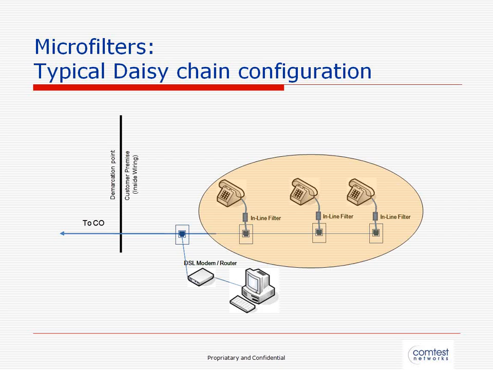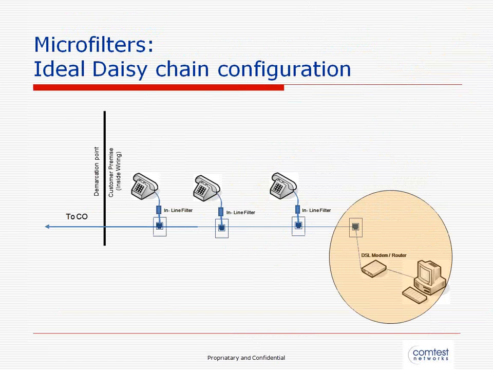The difficulty in this situation is there is very little control over where the modem is installed in the chain. However, the ideal case would be to have the modem at the very end of the chain as shown in the following slide. In this case, the modem is at the very end of the chain.